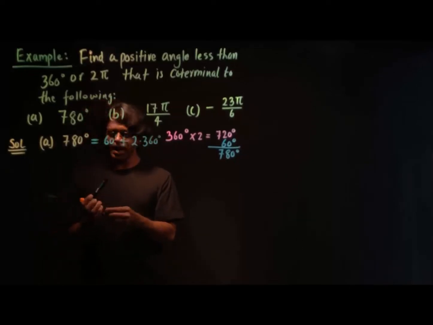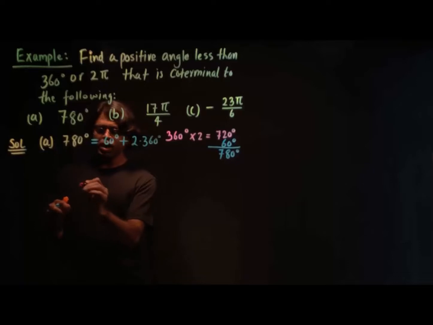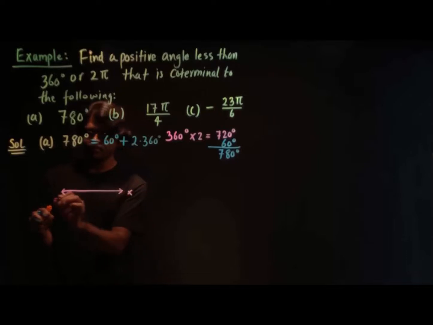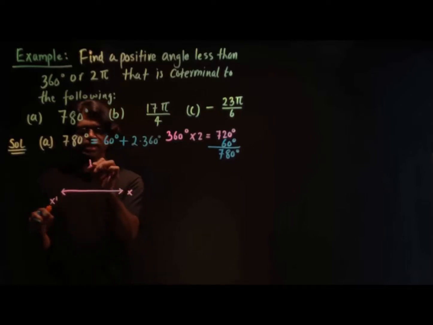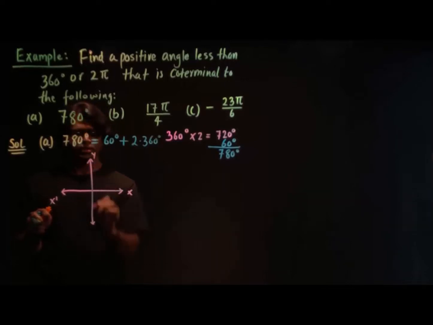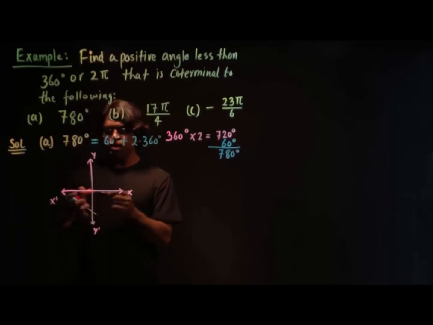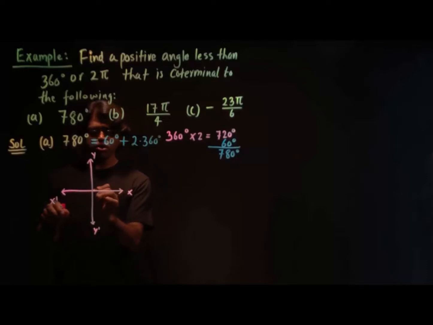So let's try to draw this angle. I'm going to consider my x-axis. This is my x-axis. Let's consider a y-axis, and this is my y-axis. Now let's graph 360 degrees 2 times. I'm going to start with my standard position.